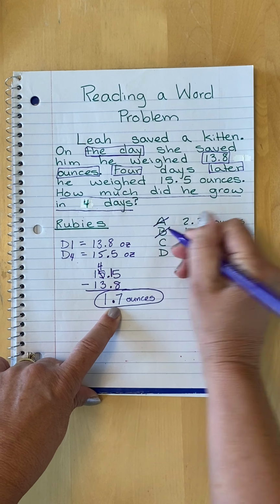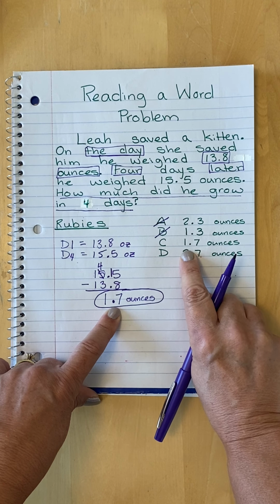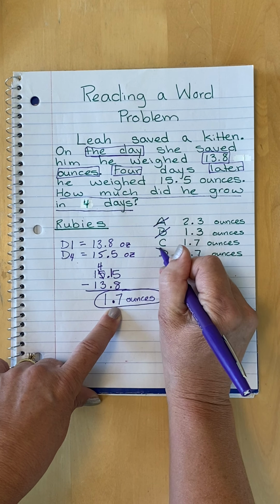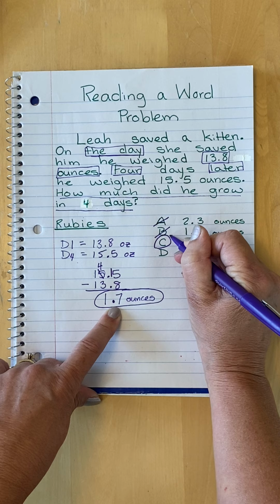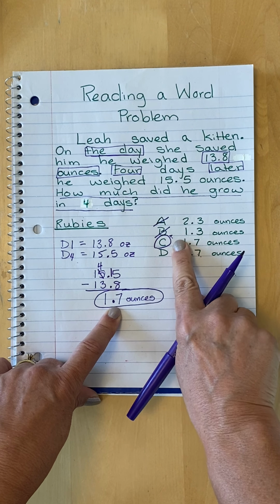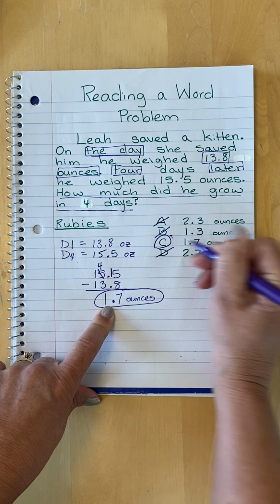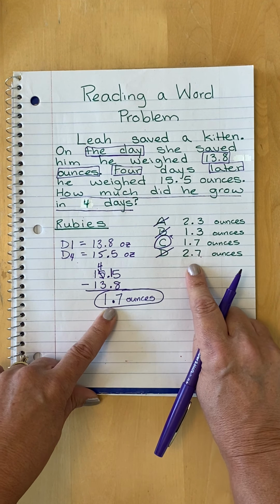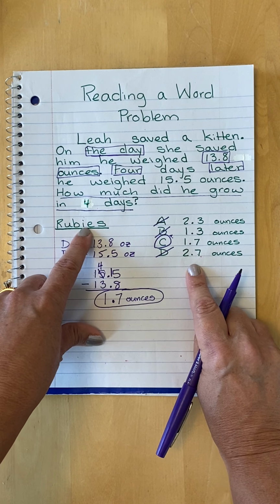So I cross out the answer. 1 and 7/10 ounces does match. I can circle it or put a question mark because that might be my answer. 2 and 7/10 ounces does not match, so I'm going to cross out the wrong answer. So I've now crossed out the incorrect answers. That is the I in Rubies.